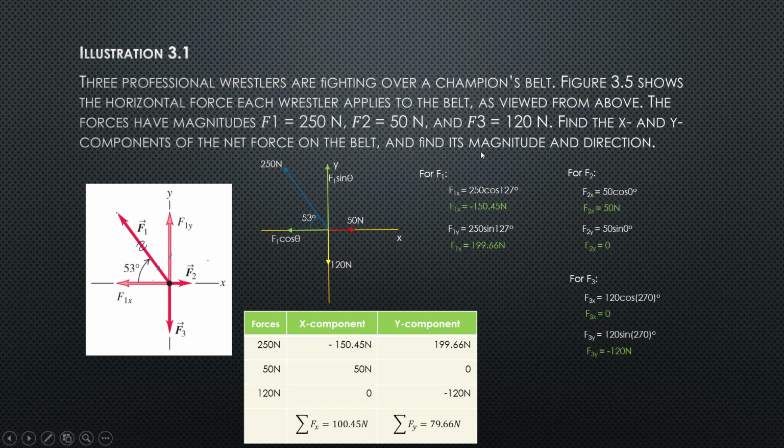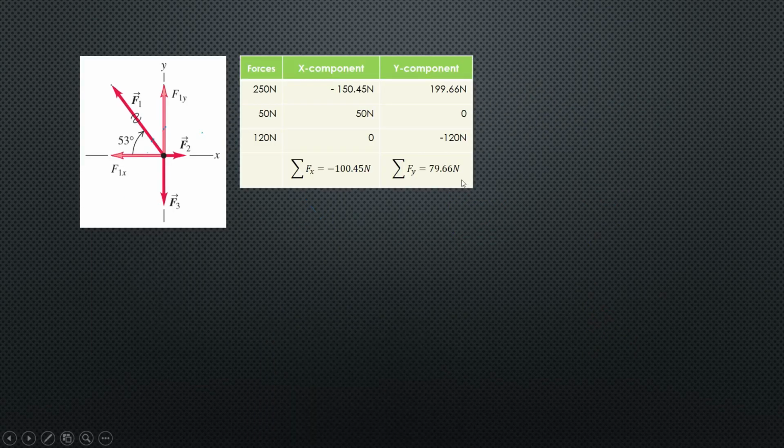Now we will be solving for the magnitude and direction of the net force. From our table, we have these values. The resultant force or the net force is given by the formula: the square root of the summation of forces along x squared plus the summation of forces along y squared. This is also the Pythagorean theorem using a right triangle. This is the hypotenuse and these are the other sides.